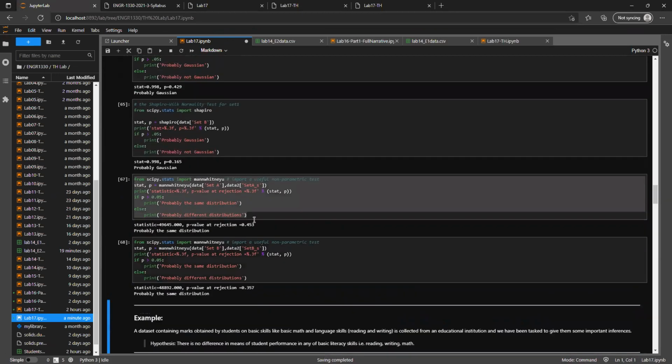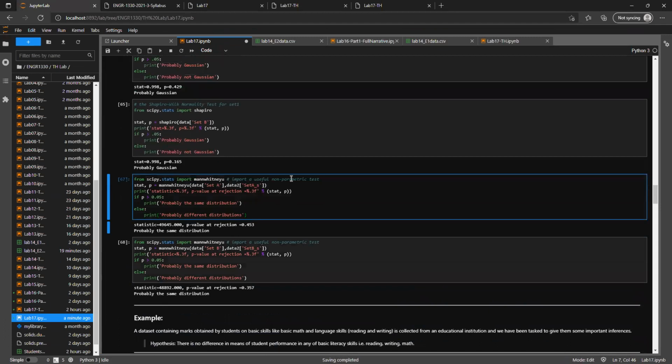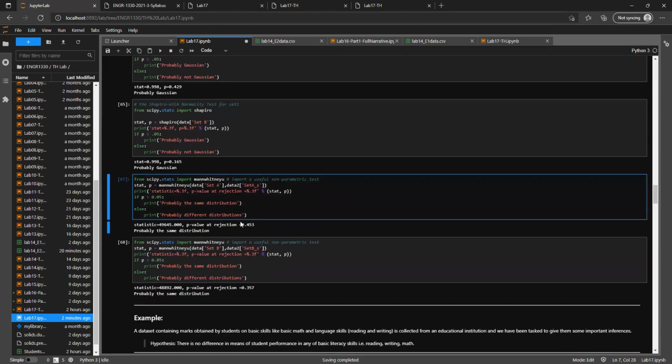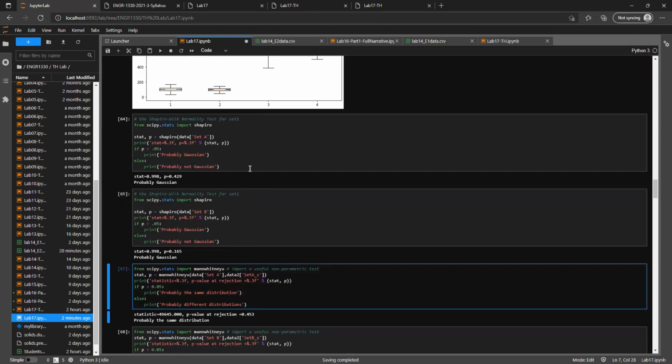All right. So our, I believe this is the Whitney test, tells us that set A and its random sampling are probably from the same distribution. And we can infer a little bit from the rejection threshold, but we failed to reject our null hypothesis. And our null hypothesis was that they are from the same distribution. Okay, so what have we done?